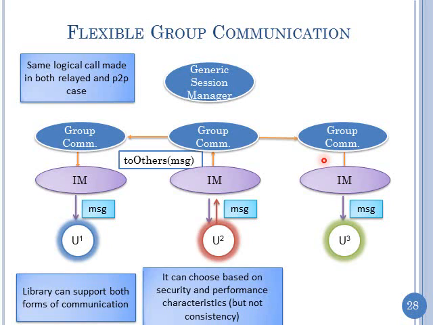It can choose based on security and performance characteristics, but it can't choose consistency. That's up to you. Actually, I had a student who did a PhD with me who was able to select, based on performance, what kind of multicast network should be built. So you can have information being multicast to one server, which can multicast to other servers.